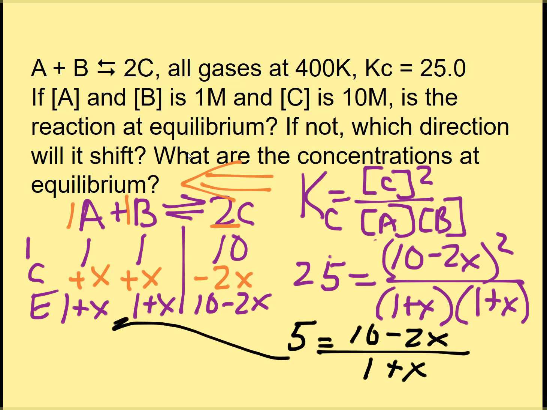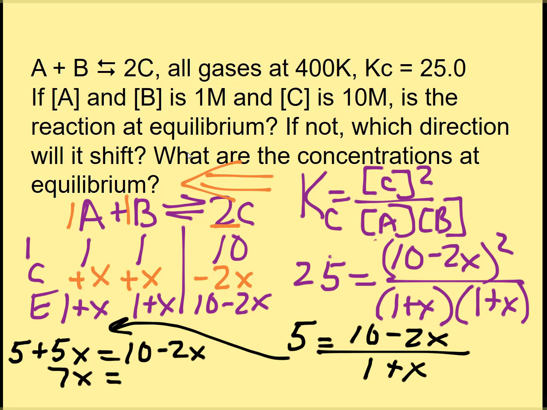I'm going to do it over here so I have a little bit more room. So on this side, I'll have 5 plus 5x. I'll have 10 minus 2x. Let's get the numbers on one side and the x's on the other side. So I'm going to add 2x to both sides.